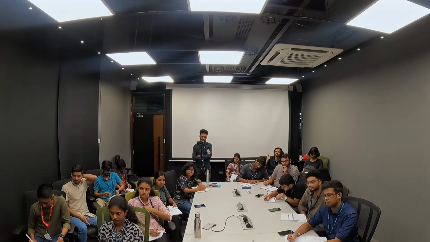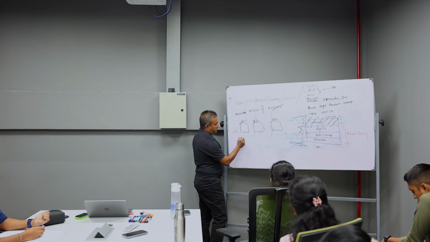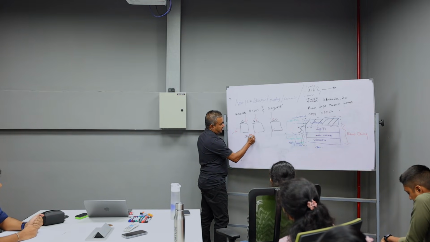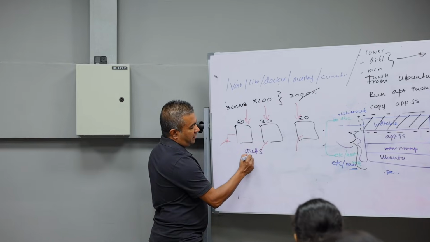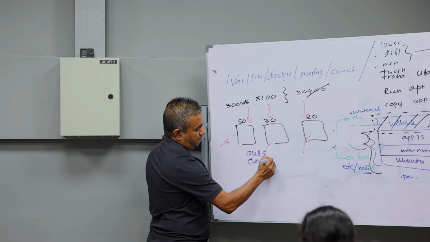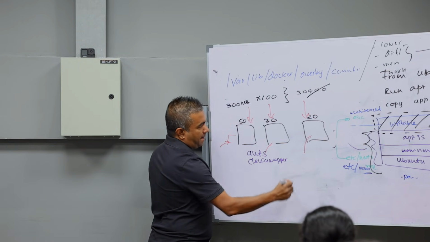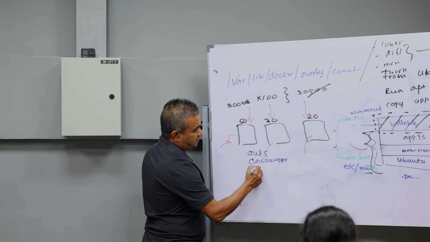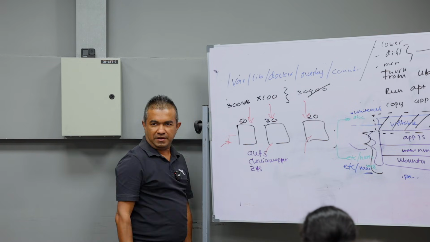What we explained is the overlay file system. Docker historically used things like AUFS, device mapper, ZFS, and other file systems.